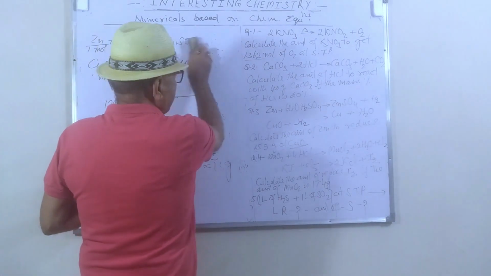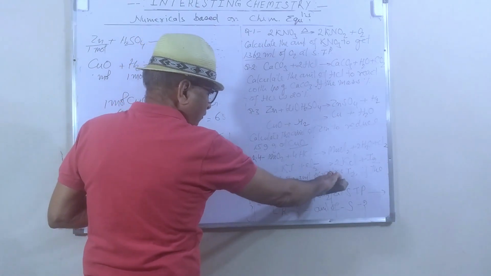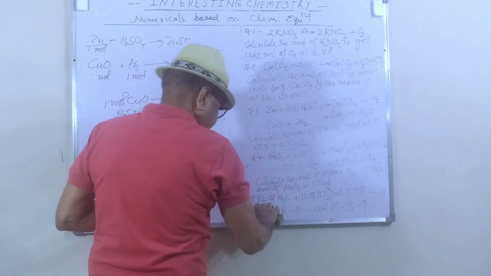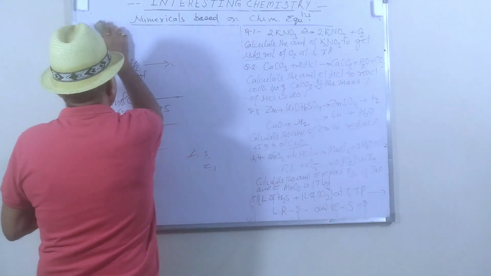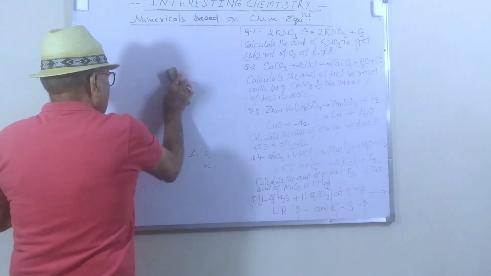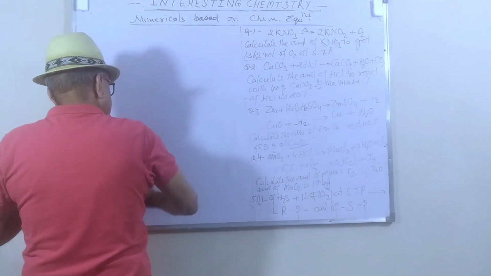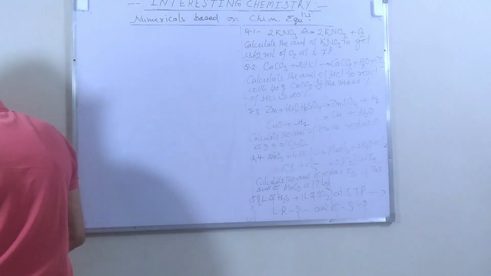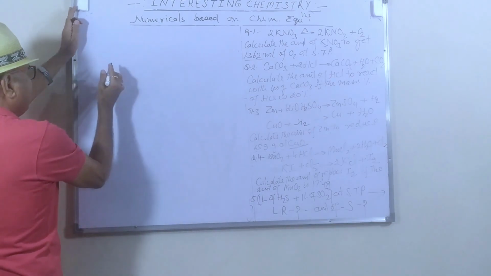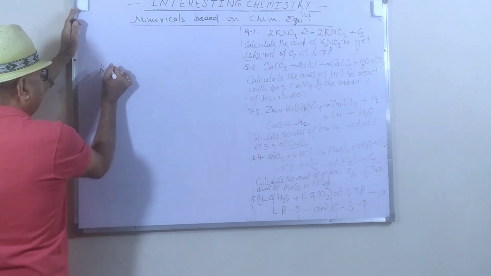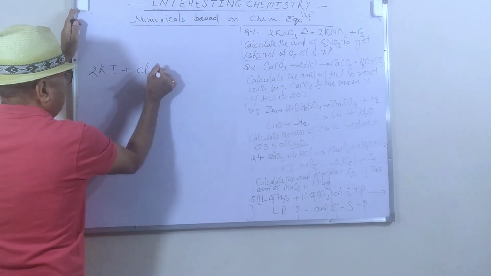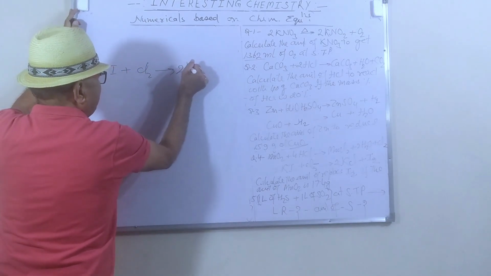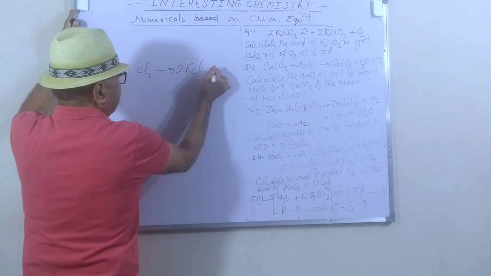Here the fourth question is: calculate the amount of the replaced iodine if the amount of MnO2 is 74.5 grams. We have a solution of potassium iodide, and when we pass chlorine in the solution of potassium iodide, the equation will be KCl plus iodine.